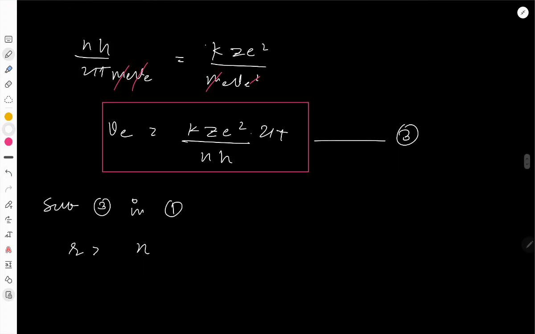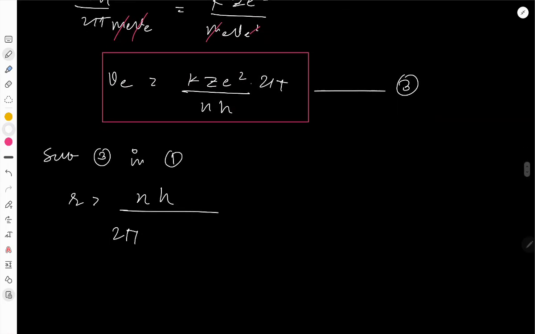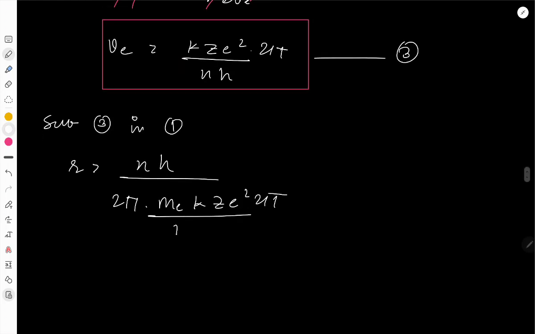So R equals n h upon 2 pi into K Z E square 2 pi upon n h.